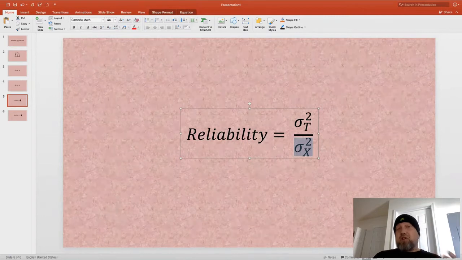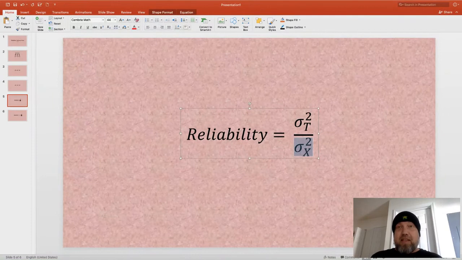So this equation is a ratio, and it's basically stating that reliability consists of the amount of my observed score variance that I can attribute to variation in my true scores.